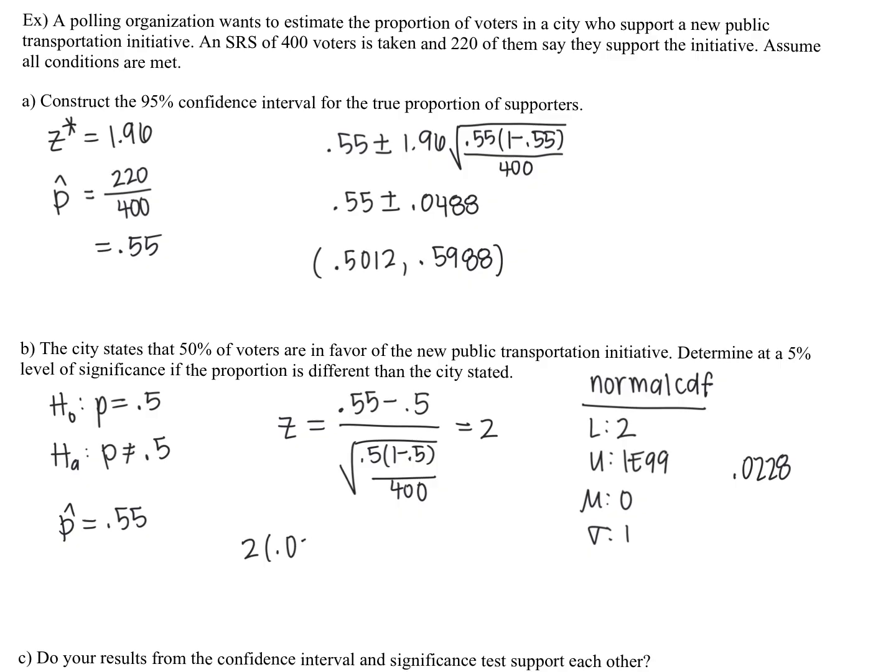So we do 2 times 0.0228, which gives us 0.0456, which is less than our alpha, so we would reject the null hypothesis. Which I know I should be doing because my confidence interval did not contain my proportion of 0.50.